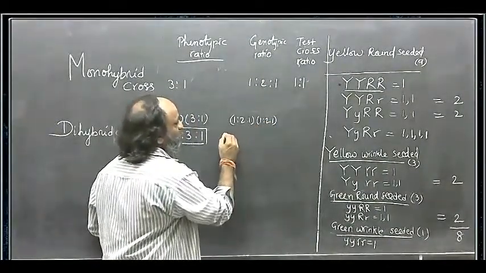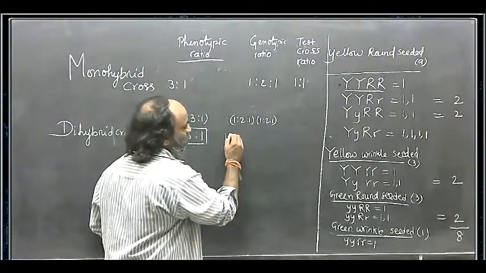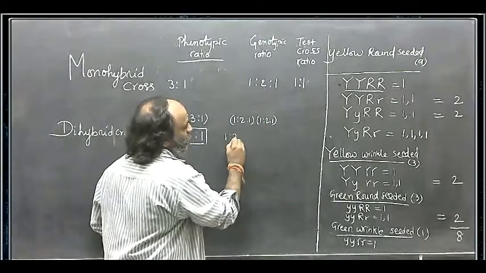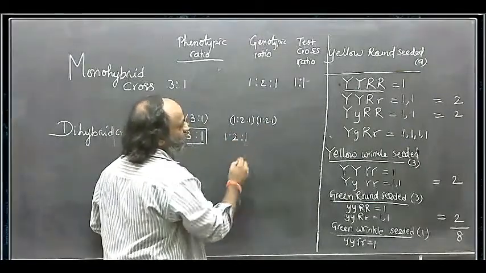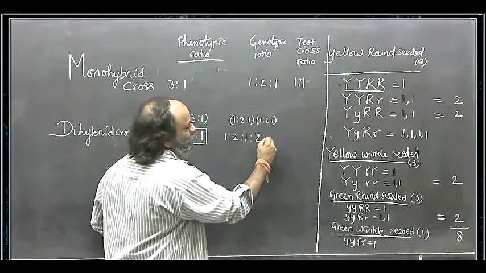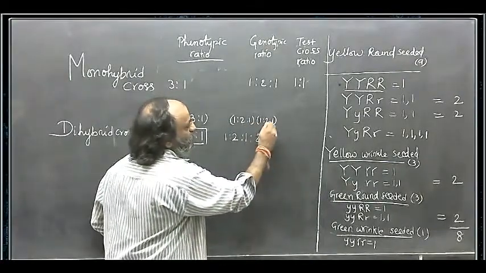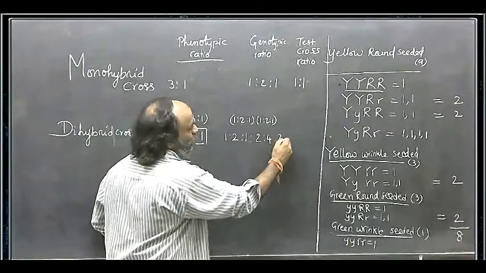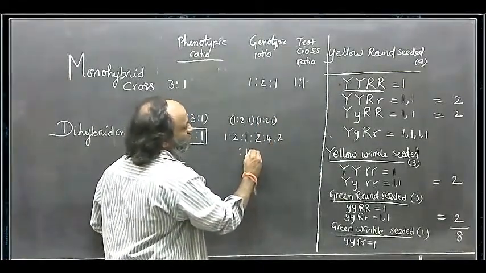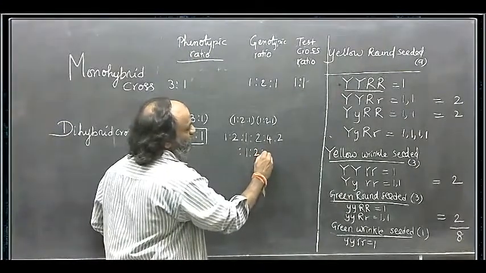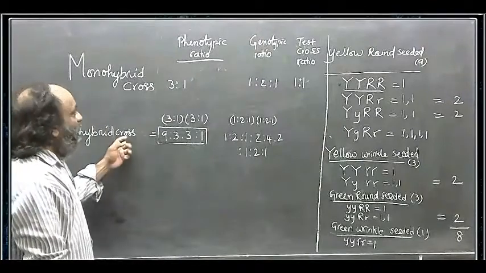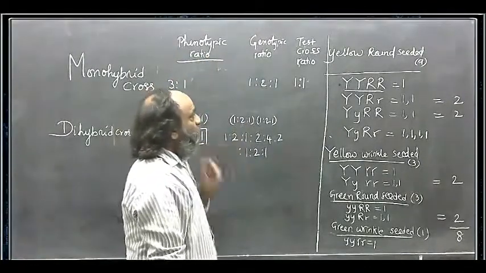We will get 1:2:1, 2:4:2, 1:2:1. This is the dihybrid genotypic ratio.